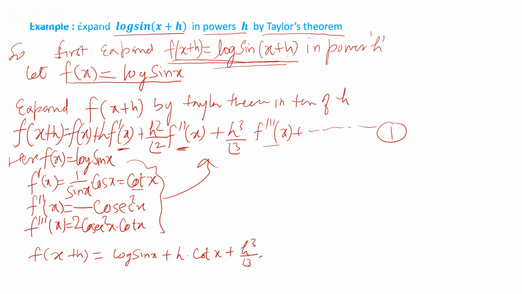Second derivative is what? Minus cosec square x. So we write minus cosec square x, plus h square upon factorial 2, and the third term is h cube by factorial 3, and here we write 2 cosec square x into cot x, and so on.